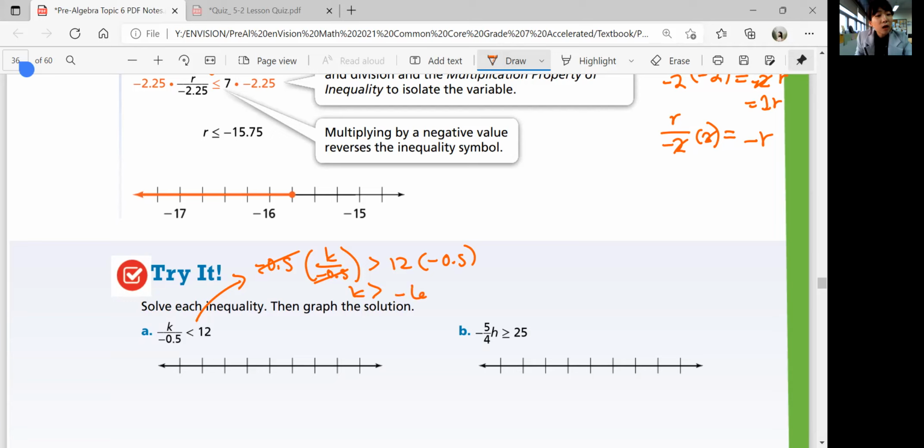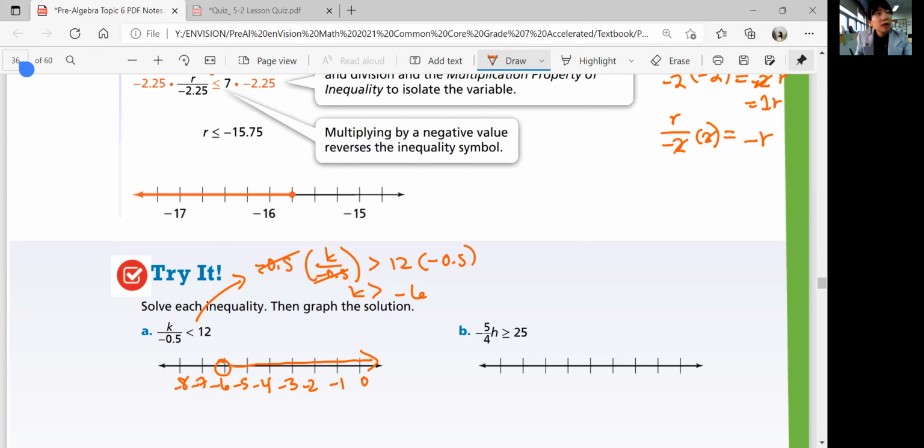So you can label your number line. That could be 0, negative 1, negative 2, and so on. Okay, negative 6 right here is an open circle or closed circle? Because it's greater than, it's just an open circle. And then k is going to be greater than negative 6, which is here.